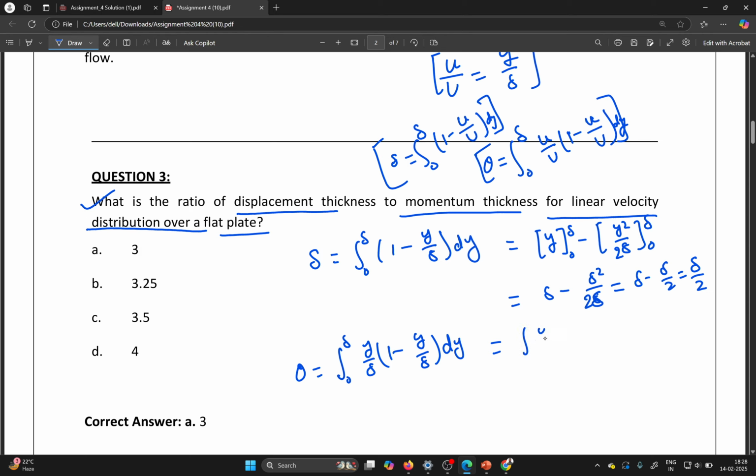So here it is the integral of y by delta dy from 0 to delta minus the integral of y square by delta square dy from 0 to delta.